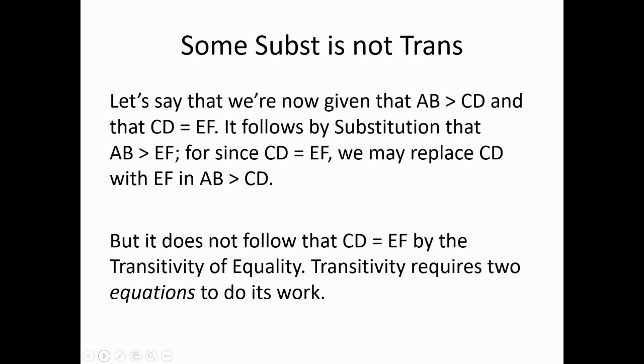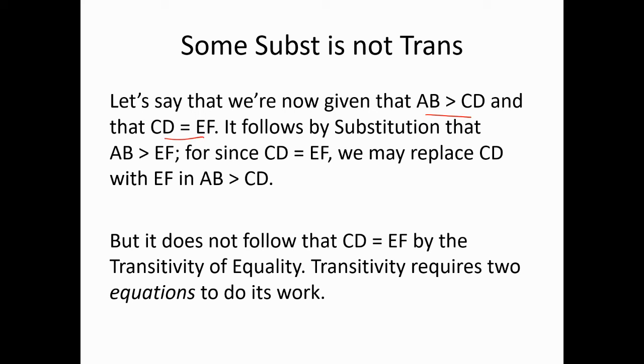And I know that this can confuse a little bit, so let's talk about this a little bit more. This is something that will be stressed multiple times throughout the class. We have said that every instance of transitivity can also be understood as an instance of substitution, but it does not go the other way around. Let us say, for instance, that we have that AB is greater than CD, and CD is equal to EF. It follows by substitution that AB is greater than EF.